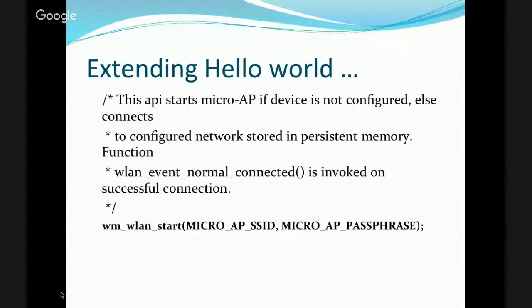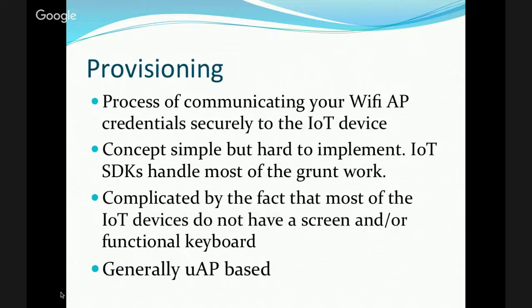You connect your mobile to that SSID and send the SSID and passphrase of your home router through a web interface. That gets stored inside the internal storage module. When you reboot the board again, it will connect to your home access point. Then your main programming starts, where you communicate with the external world. This is the provisioning process.